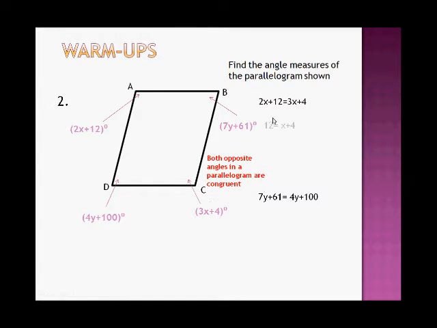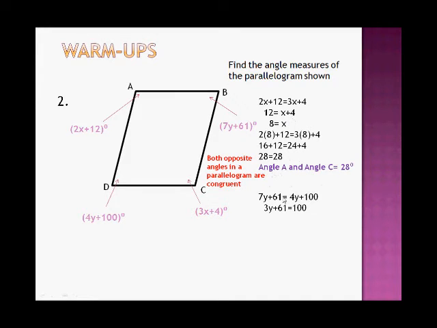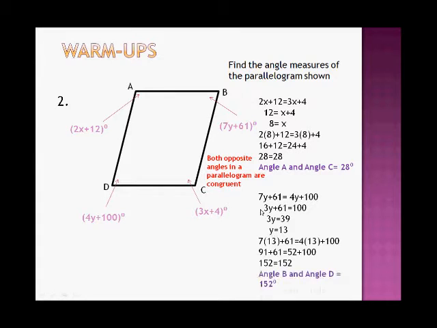So solving the equation, we subtract 2x from both sides, and then we subtract 4 from both sides, so that 8 equals x, and then we plug 8 back into the equation to get 28. So angle A and angle C are both 28 degrees, and then going on to the next equation, you solve for y, and then plug y back into the equation to get 152. So both angle B and angle D equal 152.